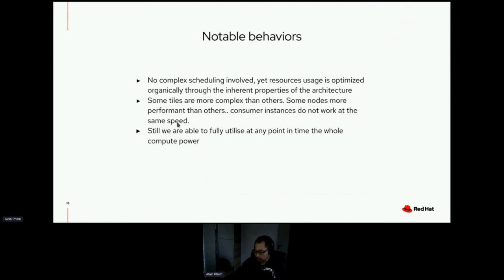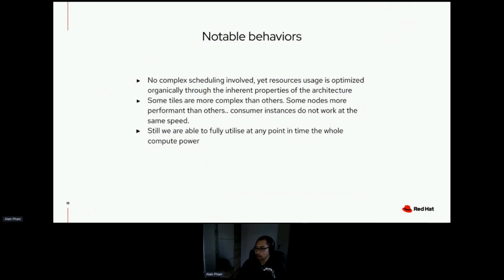So the resources are never actually sleeping. As soon as one becomes free, and if there's still work to do, it's actually doing it. So it's kind of a hungry consumer pattern that organically optimizes the usage of your resources.